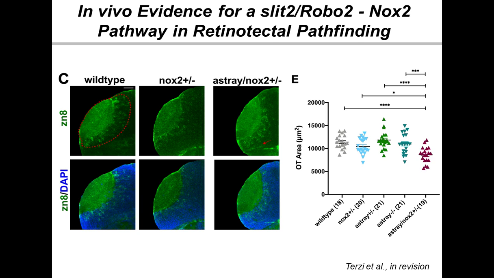When you quantify the area of innervation, you find that the Nox2 heterozygote fish, shown here on the right, don't have significantly reduced area of innervation, nor do the astray heterozygote fish, the green triangles. But in combination, the double heterozygote Nox2 astray actually has reduced innervation. This suggests that these two proteins, Nox2 and ROBO2, may be in the same pathway.